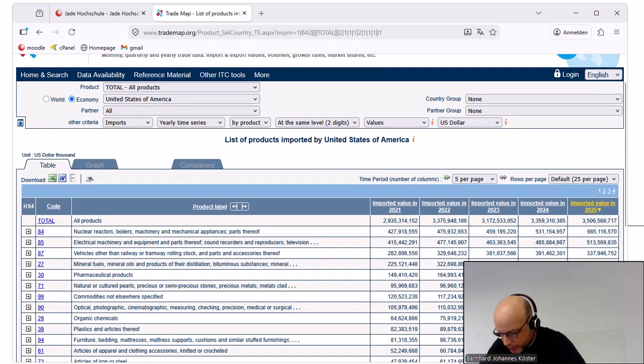Then we are at that page, and here the first step is that you see product categories. This is, of course, later on interesting for you when you should analyze the trade relations for your own country. You can also use this database, because here you find the general aggregated groups, and you can have a look into this.